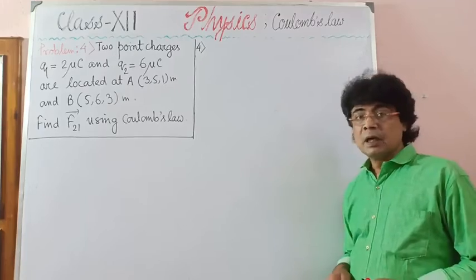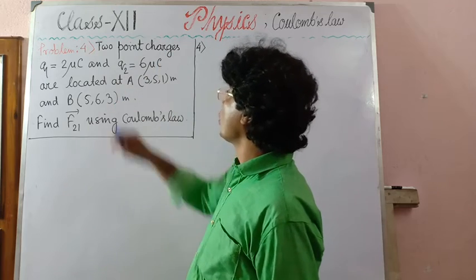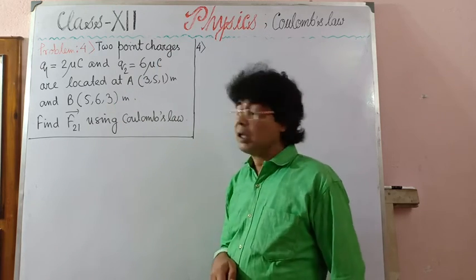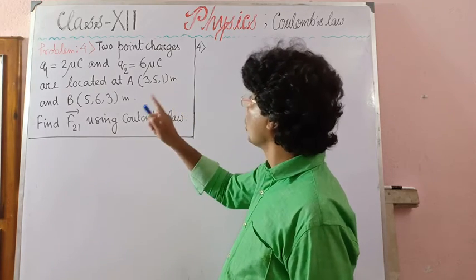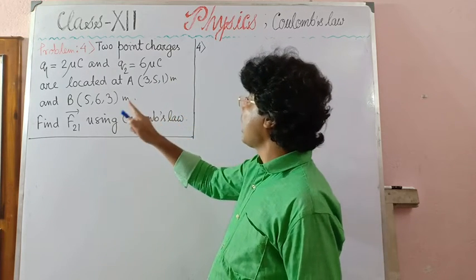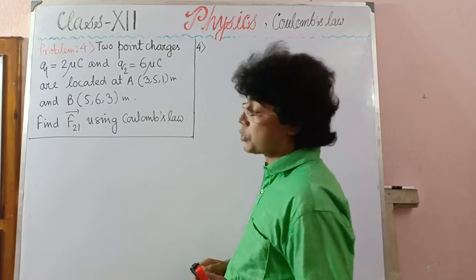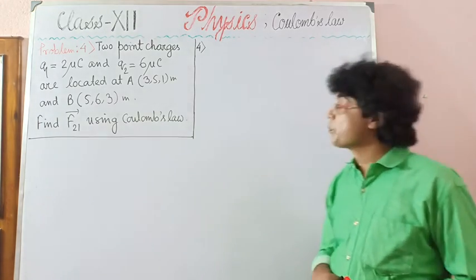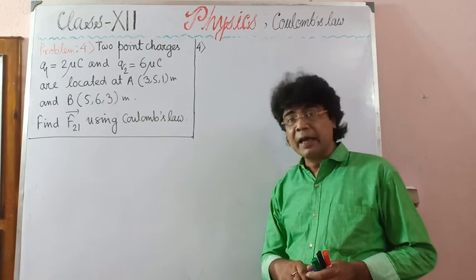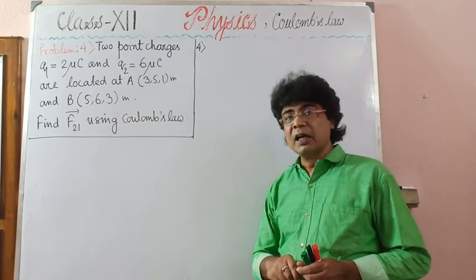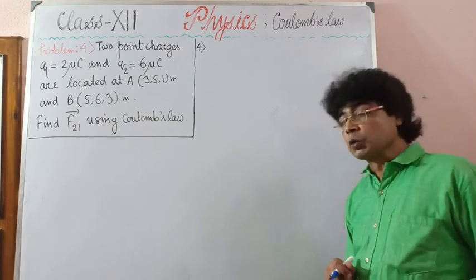Okay. Now problem number 4. Two point charges Q1 equals 2 microcoulomb and Q2 equals 6 microcoulomb are located at A and B. Find F21 vector using Coulomb's law. Suppose position vector of point A is R1 vector and position vector of point B is R2 vector.